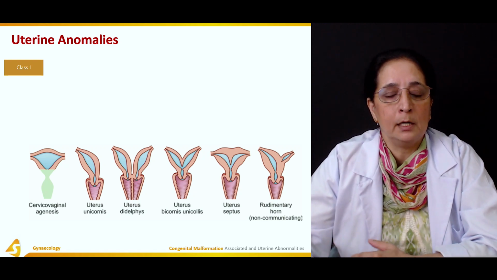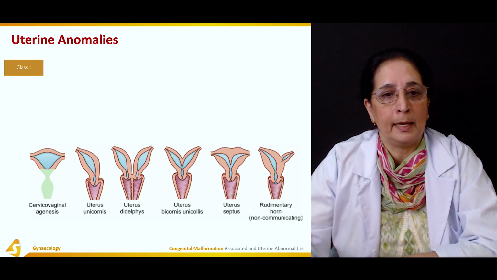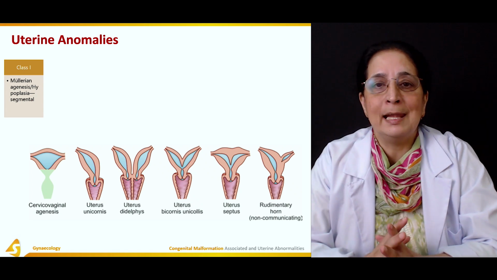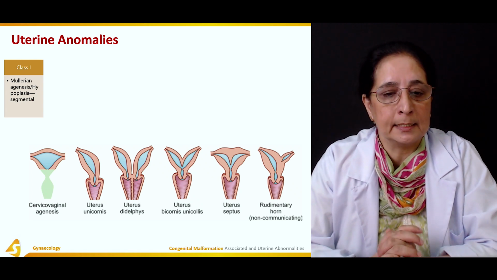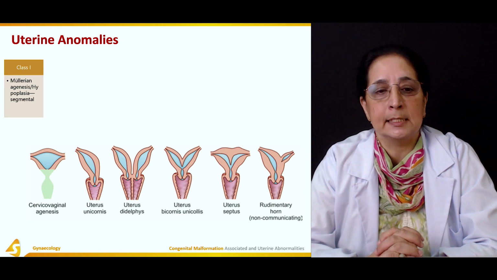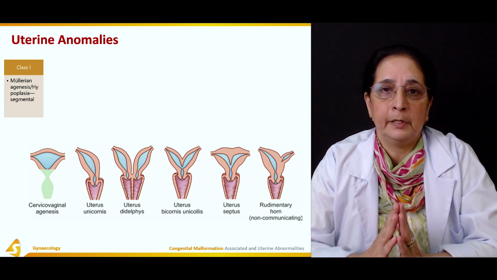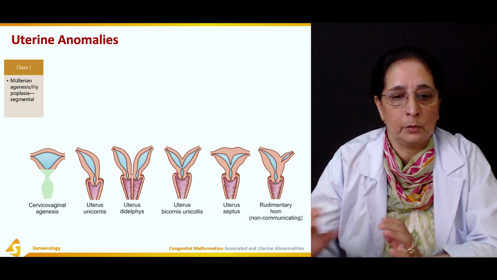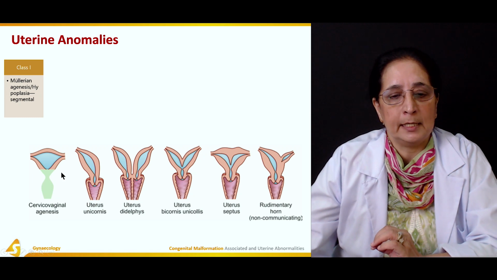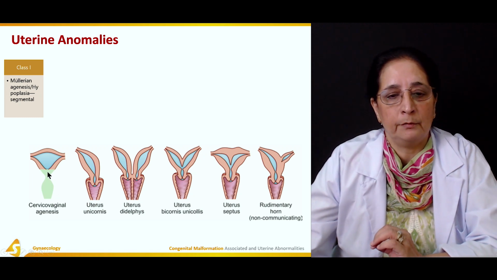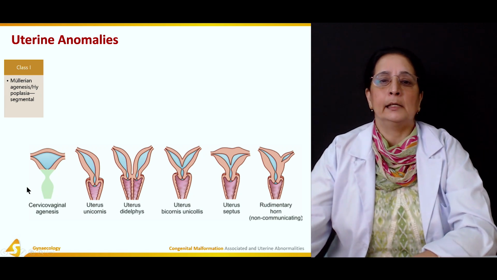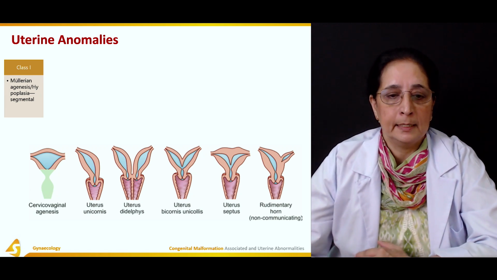In class 1 of uterine abnormalities or anomalies, there is Mullerian agenesis. There is segmental hypoplasia. So in class 1, there is agenesis. Here there is cervico-vaginal agenesis, absence of the cervix and vagina, that is under class 1.